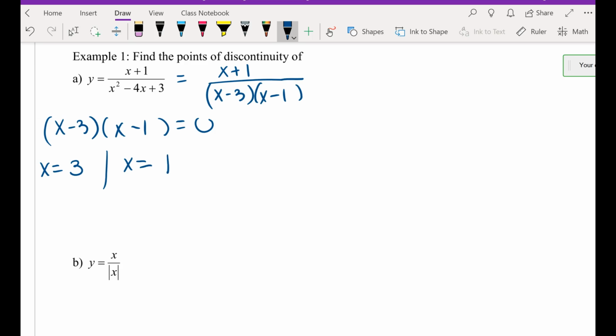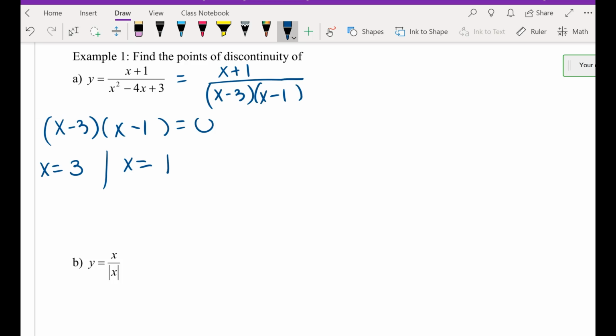Now, what kind of discontinuity is this? Are they holes? No. In algebra 2, how do you know when you have a hole? When you can cancel the top and the bottom after factoring, right? Will we be able to cancel these? No way. So you can't cancel them. And how are they called?